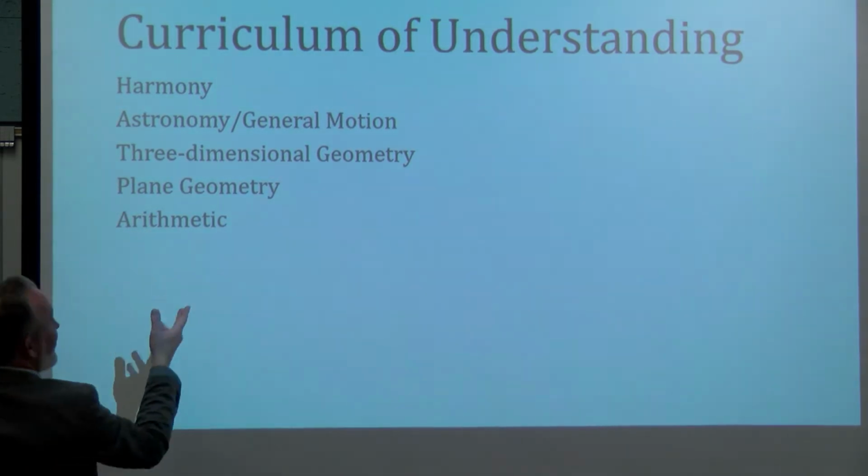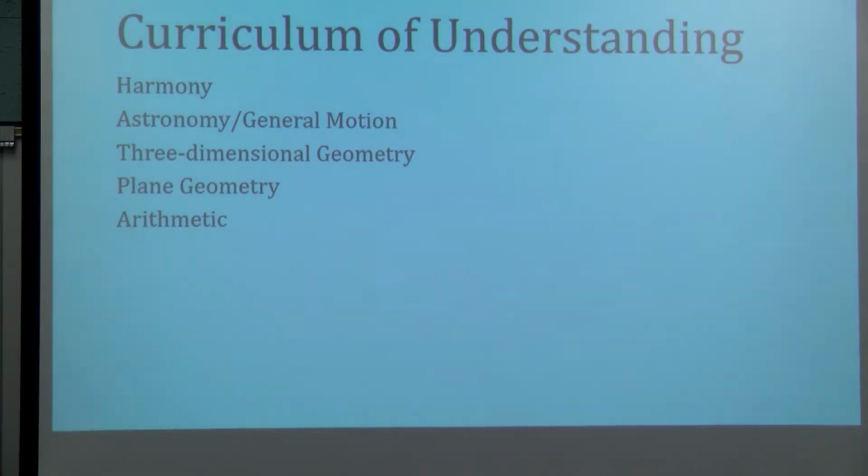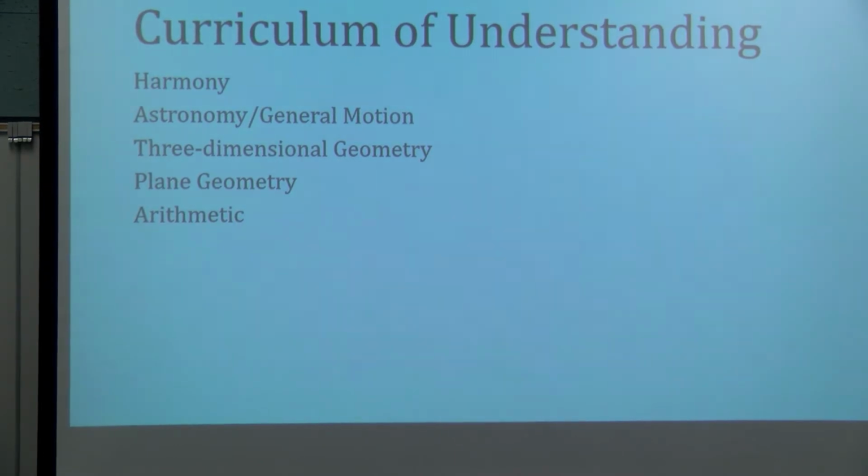And remember, this is 2,400 years ago. But you may recognize these from the medieval curriculum of the universities as what we call the quadrivium. But there's really 5 of them, right, that they discuss in the Republic.